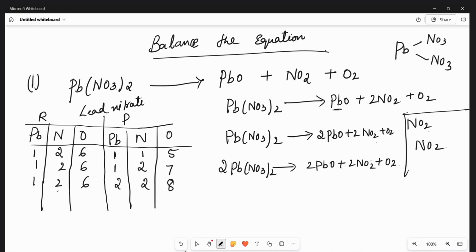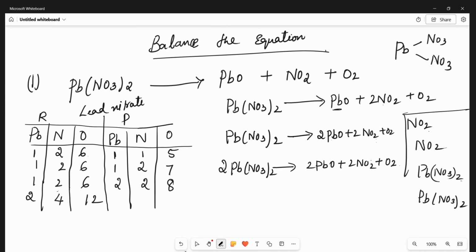So here 2 Pb(NO3)2 means like that you have 2 molecules. So now you have 2 lead here, correct? 2 lead, nitrogen here 2. 2 plus 2, 4. And how many oxygen is there? 3 twos are 6. 6 plus 6, 12.